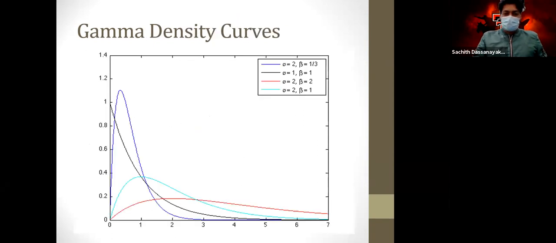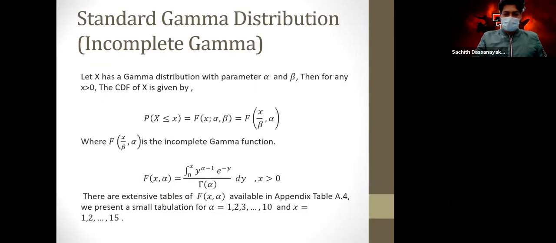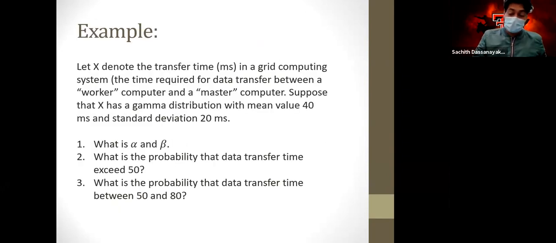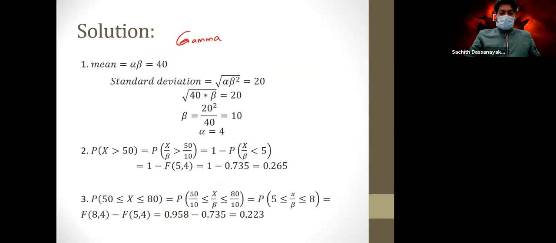Since it is really hard to find the CDF of gamma, we have an alternative method, which is to use our gamma distribution table. The mean of the gamma distribution is alpha times beta. Variance is alpha beta squared, right?